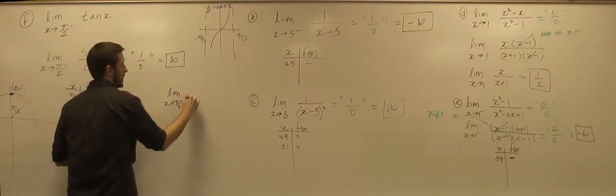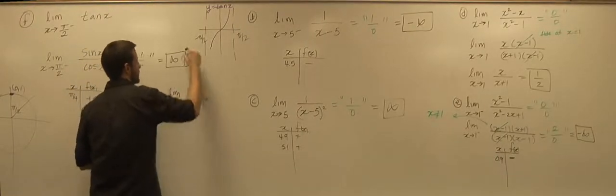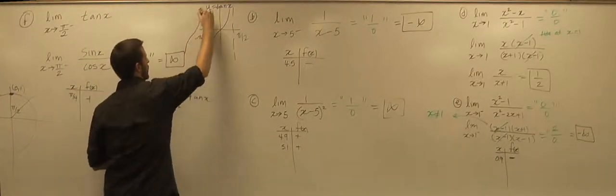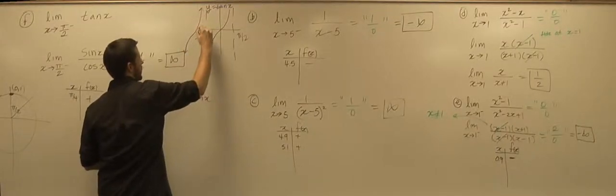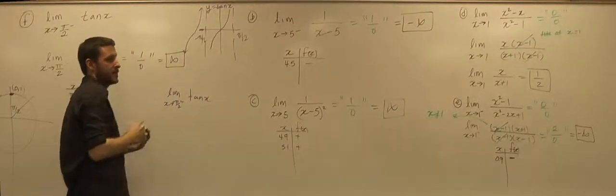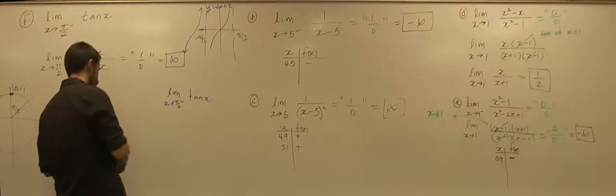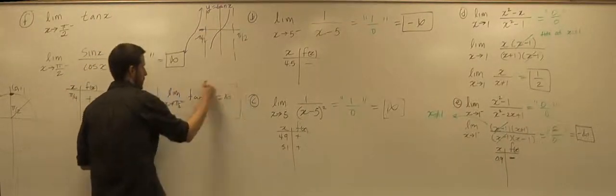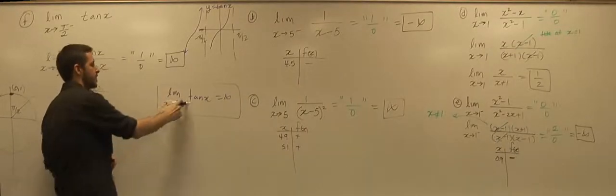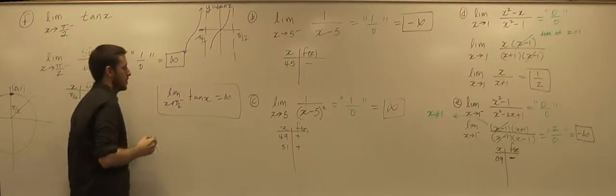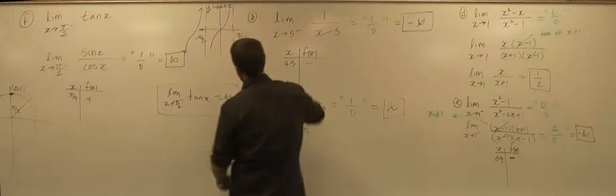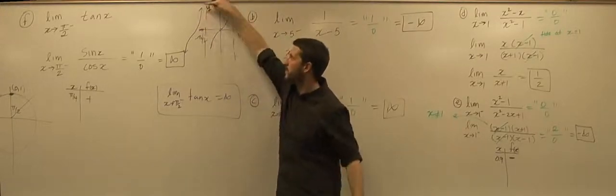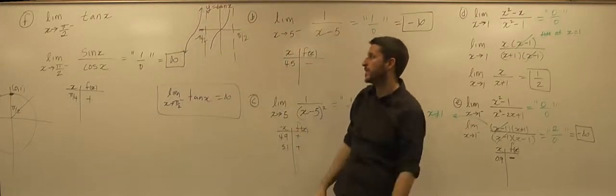So you're saying this part over here. Right here? Yeah. That would be positive infinity. So this limit would be positive infinity. If you approach negative pi over 2 from the left, you're shooting up to infinity.